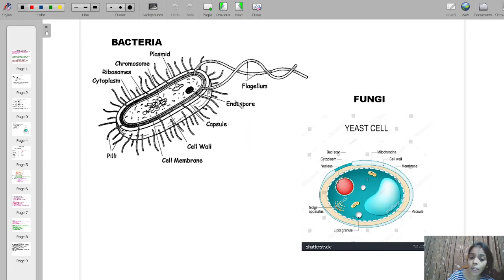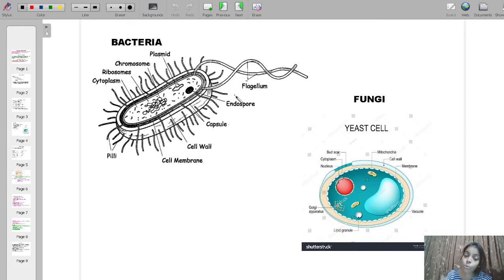And why it's called endospore, why do we find such a structure over here? Because suppose there is any adverse condition, temperature is too high, surrounding environment is very toxic, then certain bacteria, not all, have the ability to draw their cellular contents into a mass.